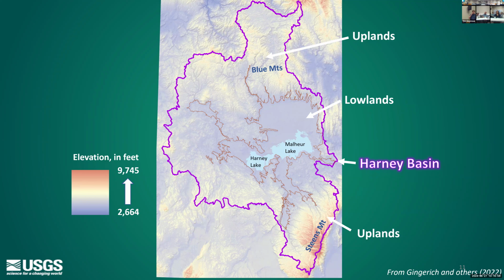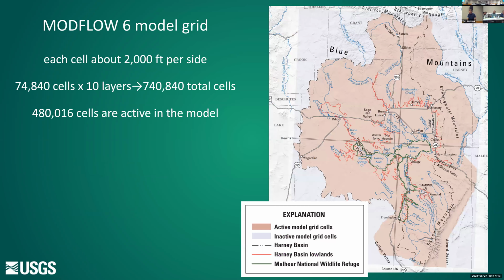So we have nearly or over 7,000 feet of elevation that's represented in the model. And a lot of that elevation difference is what drives groundwater flow from the high elevation to the low elevation. So the model, of course, has to have those elevations in to get the flow right. So it's kind of the area we're working with.